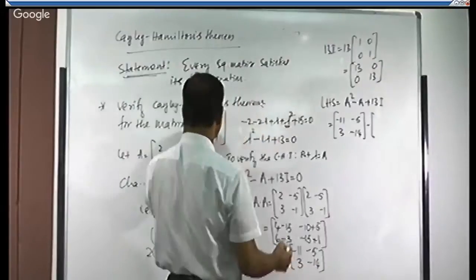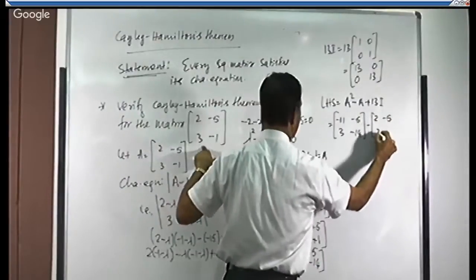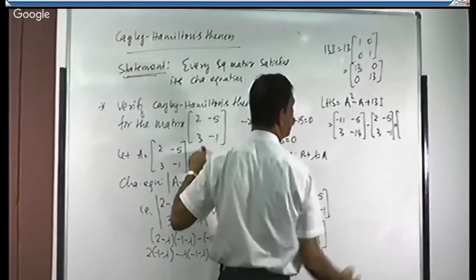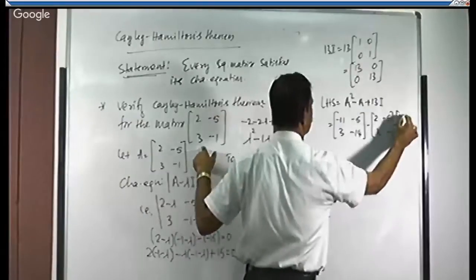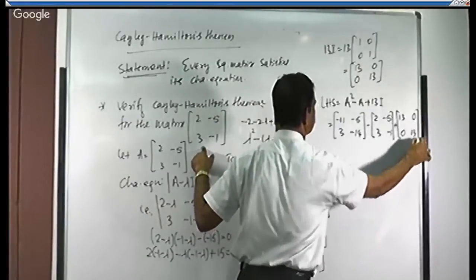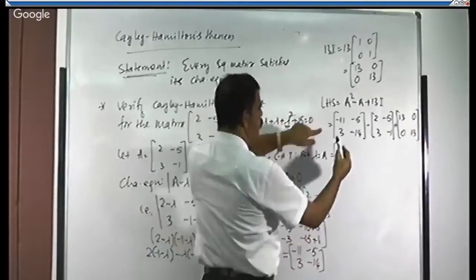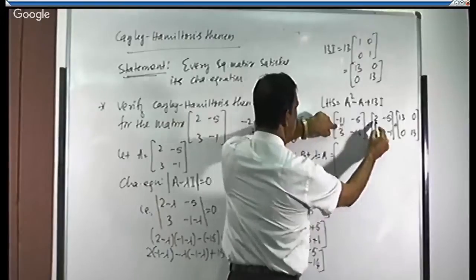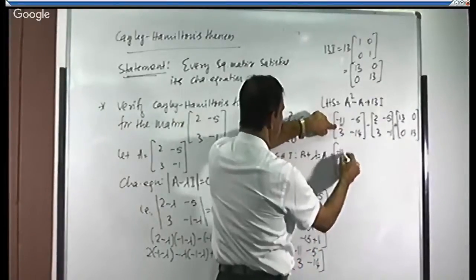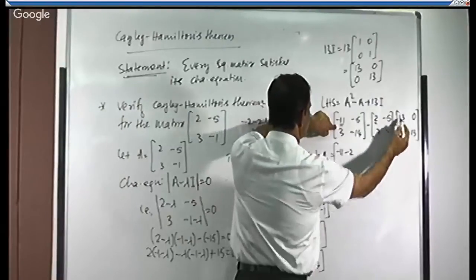What is a? Given matrix 2 minus 5 3 minus 1 plus 13 into I. 13 into I, 13 0 0 13. Simplified. You take all first elements of first row. Take the elements along with the symbol. Minus 11 minus 2 plus 13.